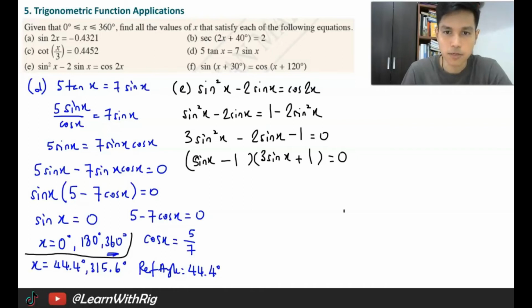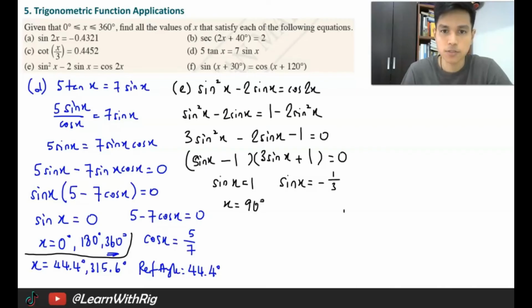Okay, so from here now, you got two answers. One is sine x equals to 1, one is sine x equals to negative 1 over 3. Alright, so now the first one, sine x equals to 1, so you get your x value equals to 90.